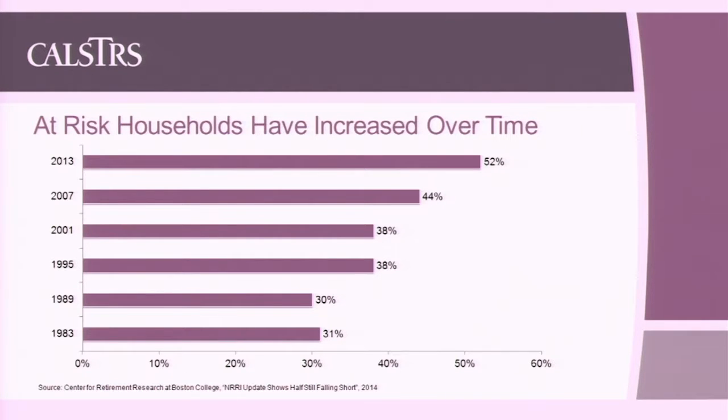And when that specific index is applied to the current financial situation of Americans, the latest data reported is for 2013. It shows that 52% of the households are at risk of falling short, and that designation is determined by those who are below 10% of their target.